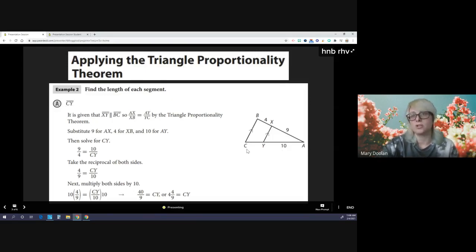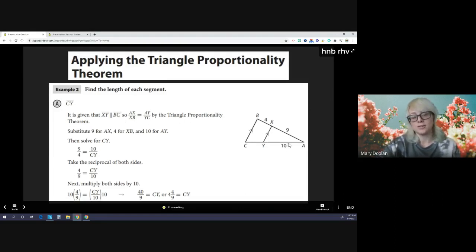If I look at the picture, there is a large triangle ABC, and inside of it there is a segment XY, which is parallel to the bottom of the triangle, BC. So these two line segments are parallel. And when they're parallel, it is given, it creates this proportion by the triangle proportionality theorem.